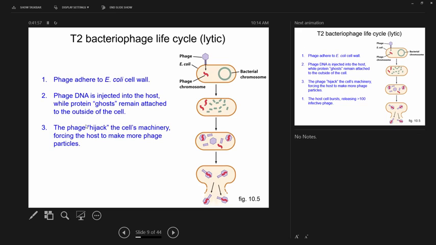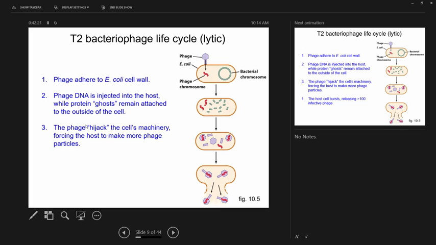Then the bacteriophage, as was stated absolutely correctly, hijack the cell's machinery. Just like viruses can't replicate on their own and therefore are not considered alive, neither are bacteriophage. But they use the bacterial cell's own replicative machinery.